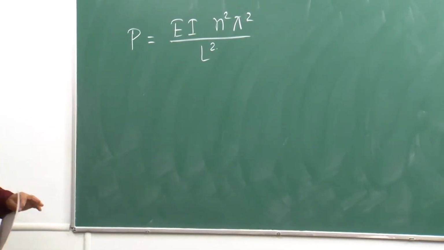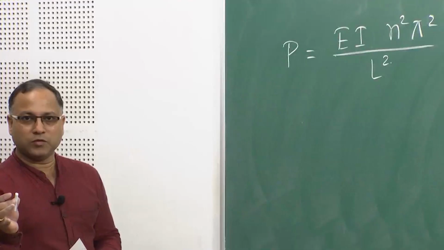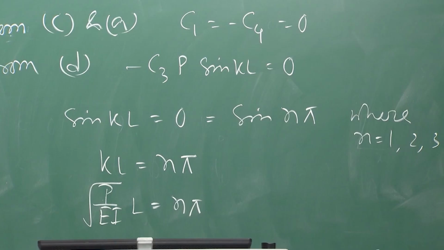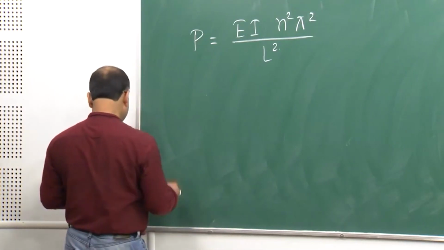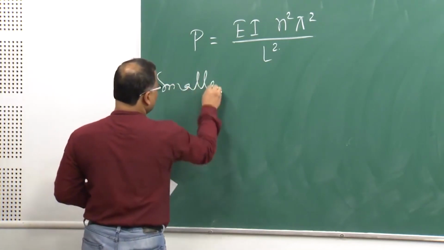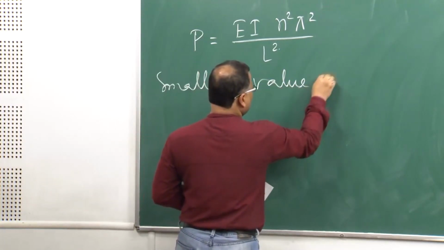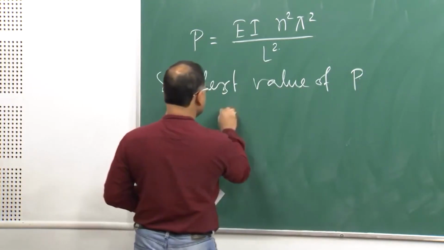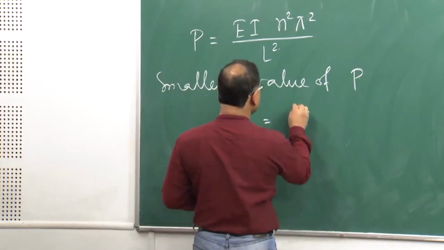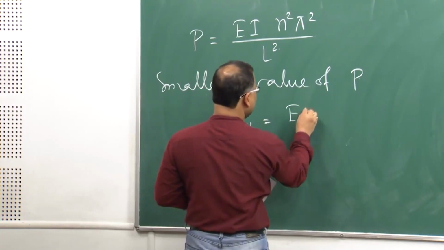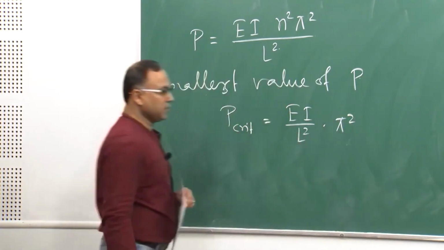Now, we are looking for the lowest possible value, the critical value, for which instability occurs. So, n should be 1. To find the minimum value, P critical with n equal to 1 is EI by L square into pi square.